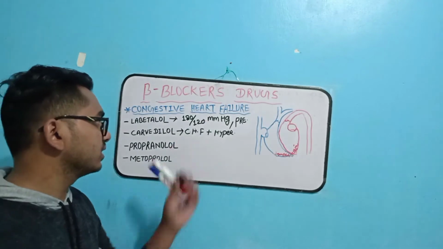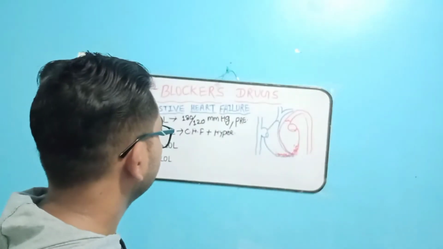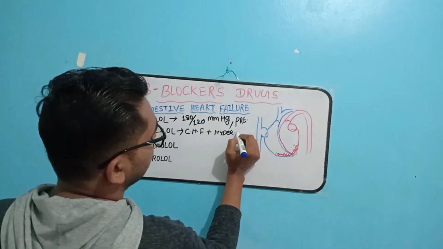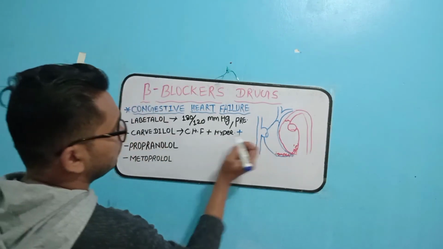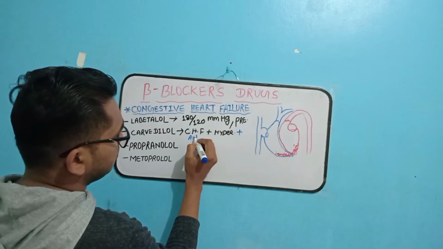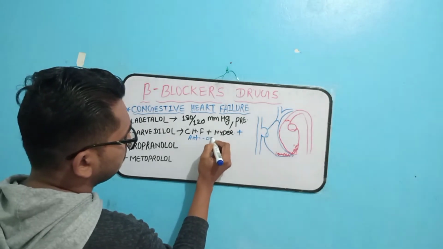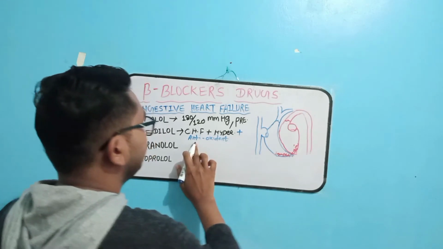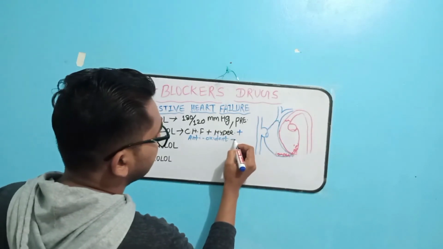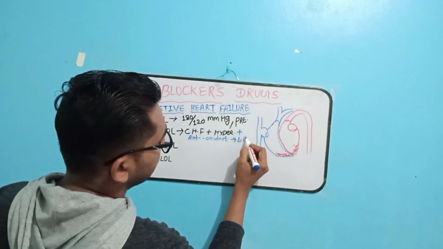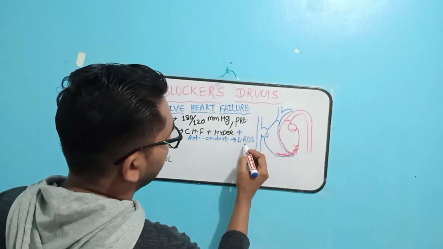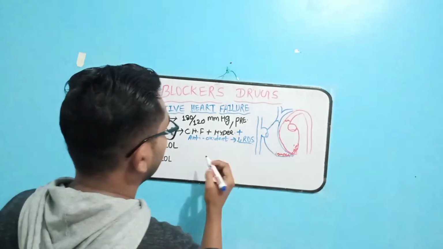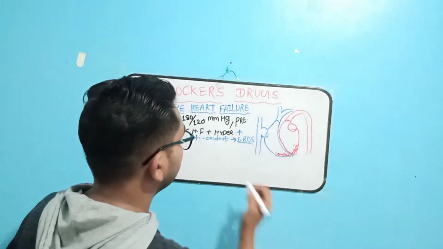For the patient with hypertension and the congestive heart failure patient, carvedilol is very useful, and it also has an antioxidant property. So it reduces the action of ROS, reactive oxygen species, because this ROS helps in the oxidation of LDL.